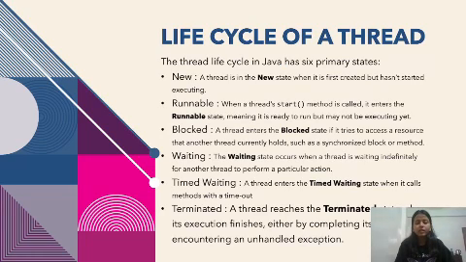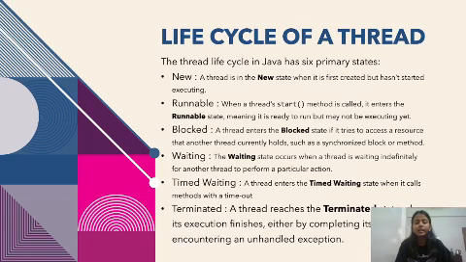The thread life cycle in Java has 6 primary states. First one is new. A thread is in the new state when it is first created but hasn't started executing. Second one is runnable. When a thread's start method is called, it enters the runnable state, meaning it is ready to run but may not be executing yet. Third one is blocked. A thread enters the blocked state if it tries to access a resource that another thread currently holds, such as a synchronized block or method.